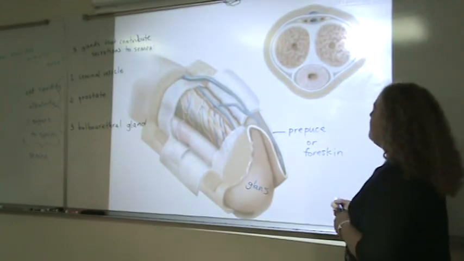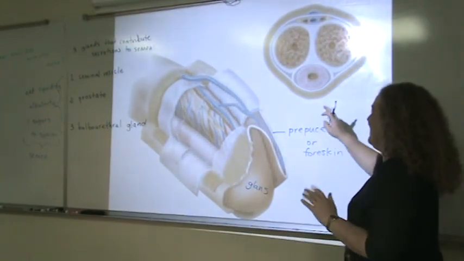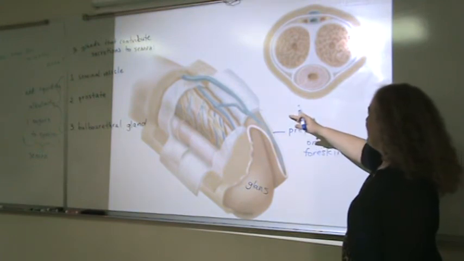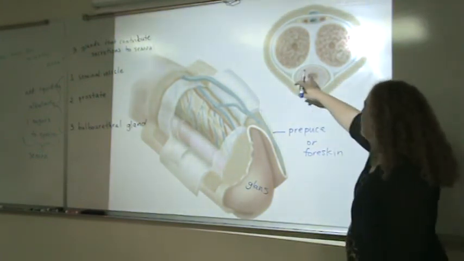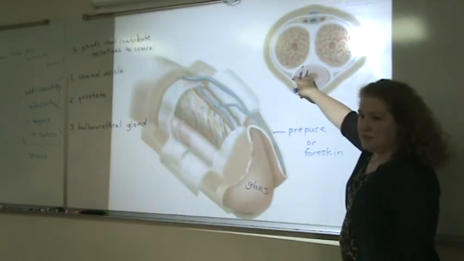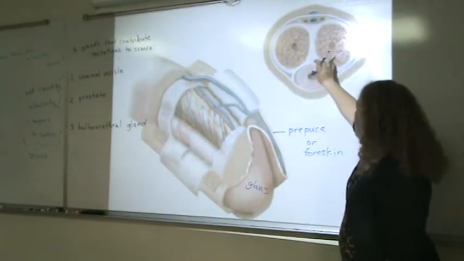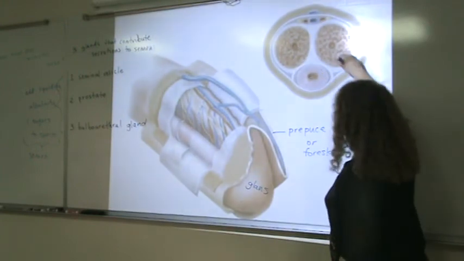This to me looks like a monkey face. It's a cross section through a penis. This would be mid shaft. This is the urethra right here. And you have 3 erectile chambers.